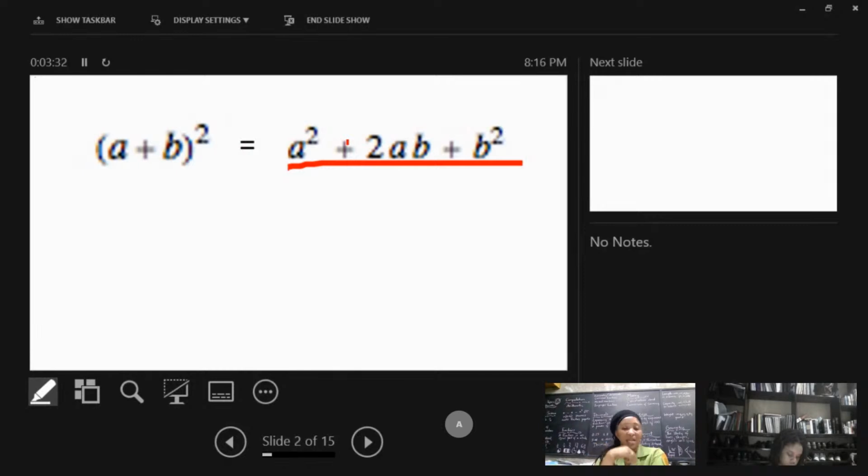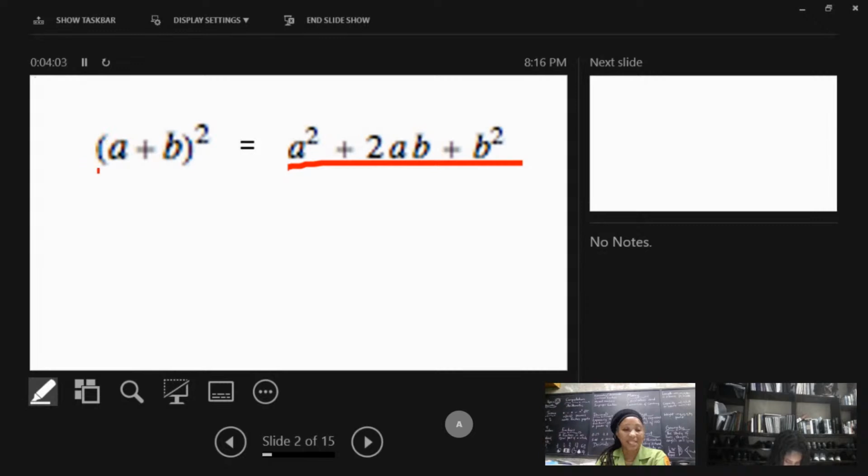So remember last week after we expanded it, we realized that if we know that it's the square of the sum, we can just go straight and square that number, put them at the end, and then find 2 times this one times that one. That's what we did last week, and that's what we're going to do this week too. But just remember the difference is this is a plus sign and this is going to be a plus sign.